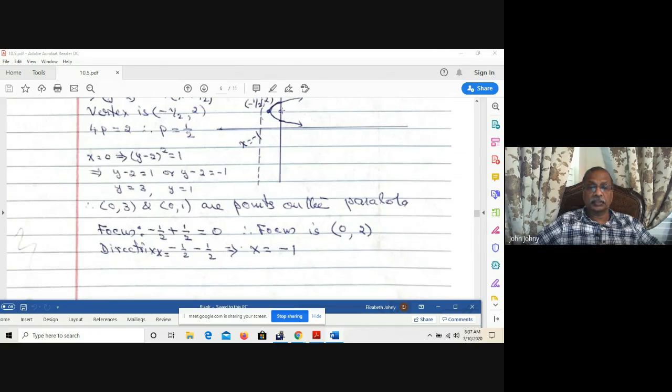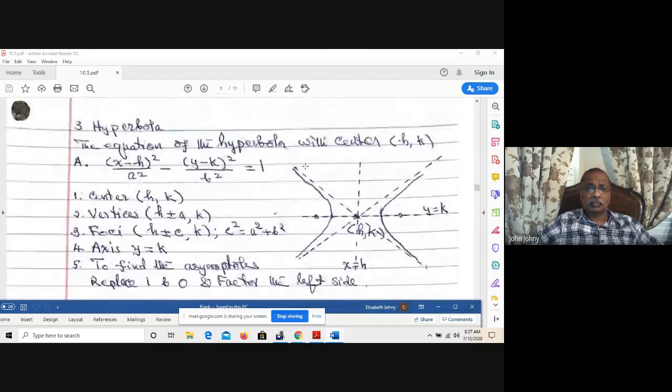That is the focus, because k stays the same. It is h plus or minus c, or plus or minus p. No minus is there, it is h plus p. Plus or minus is only for the ellipse and the hyperbola. So this is h plus p. If you want, you may just recall that formula for the shifted parabola.